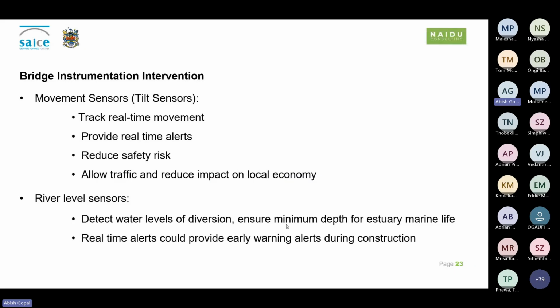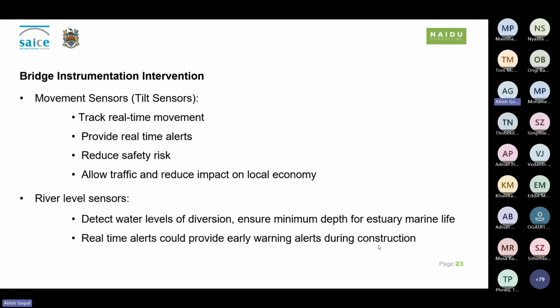What are these? Essentially, these measure small changes in the angle or movement of the attached bridge element. They help detect early signs of settlement and rotation and provide real-time alerts as frequent as every minute. They are also available wirelessly, with some capable of over 10 years of maintenance-free monitoring.